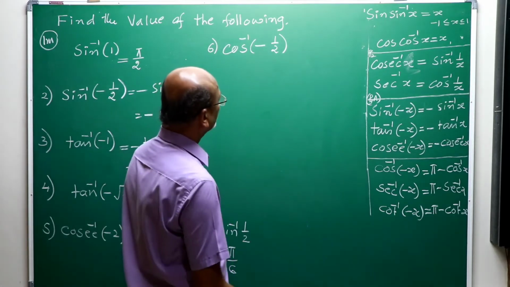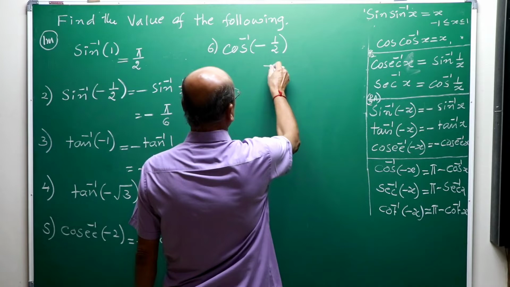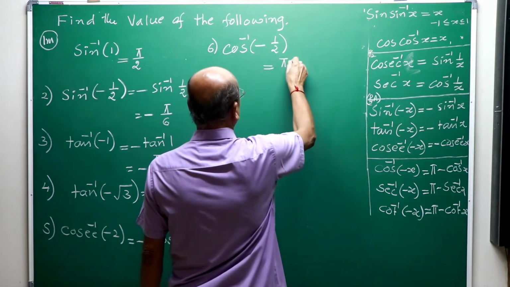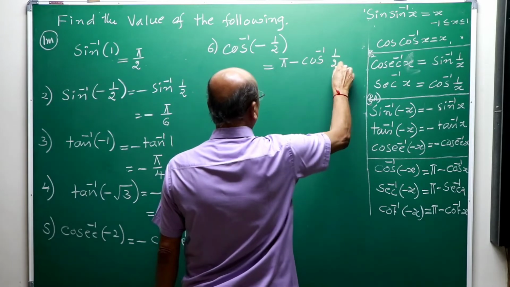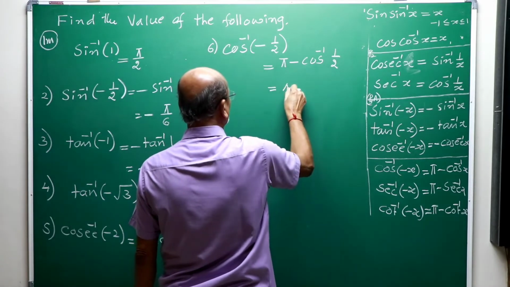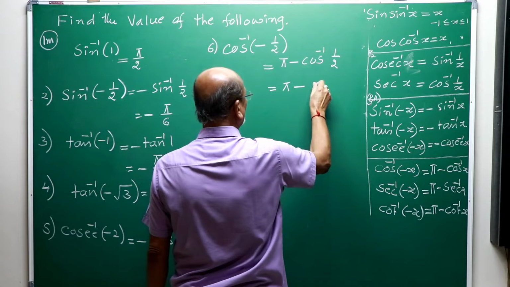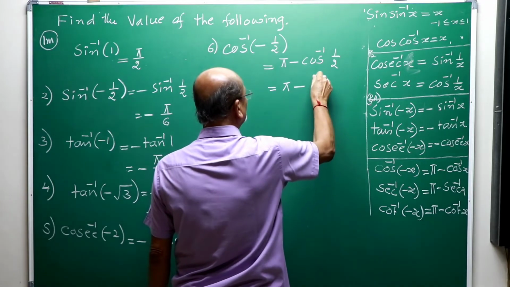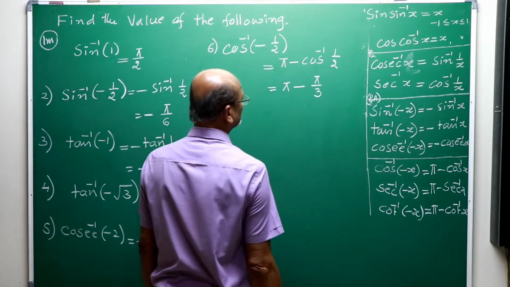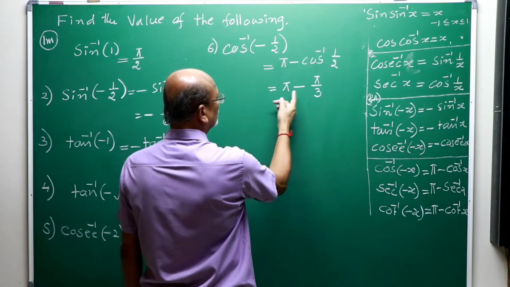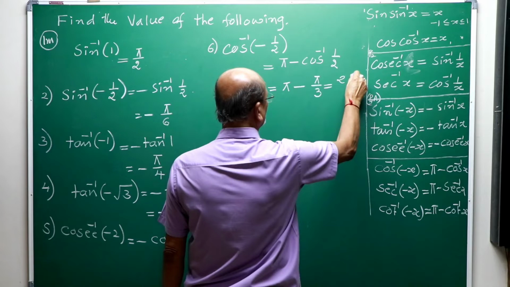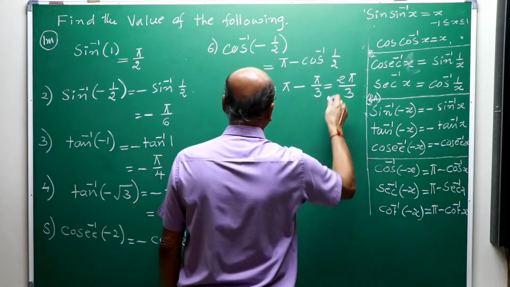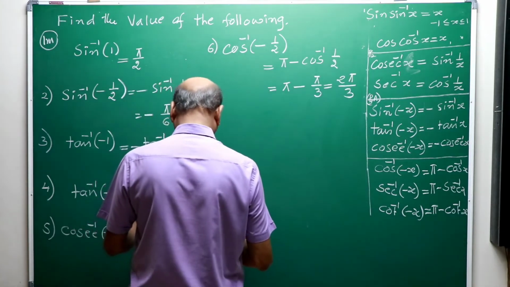Here it comes: pi minus cos inverse 1 by 2. What is the respective angle? 60 degrees, in terms of radians, pi by 3. Simplify it. 3 pi minus pi is 2 pi, so 2 pi by 3. Yes, friend.